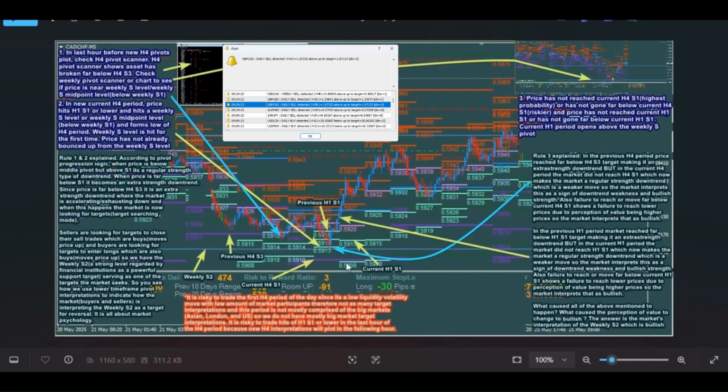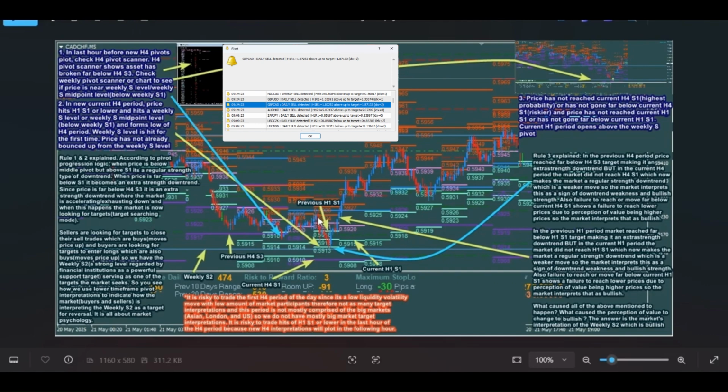So this current H4 period is our strike zone. This is where we anticipate price to reverse to the upside after bouncing up from the weekly S level and moving up accordingly from there, okay? So think of this as the strike zone. So we're looking for that acceleration breaking below the H4 S3 in the previous H4 period.